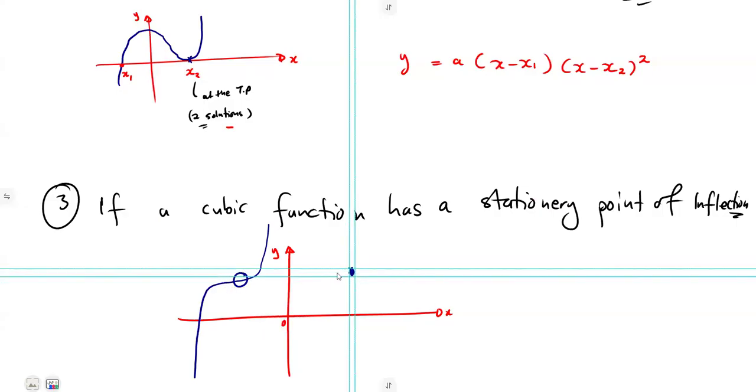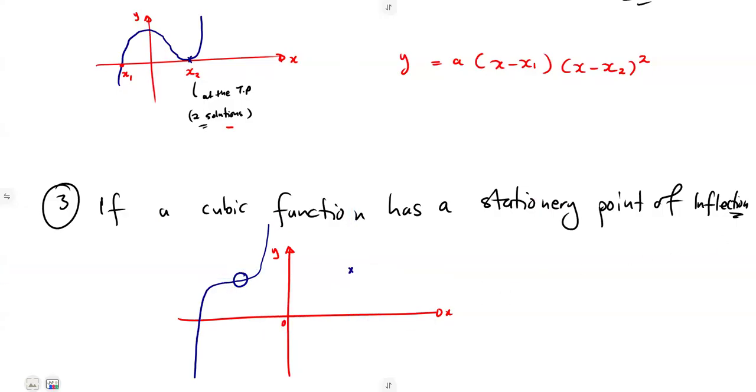So I'm just going to do it like this. Okay. So let's say we've got this point as negative p, q. This is just a format of representing the point. So negative p, q is our stationary point of inflection.